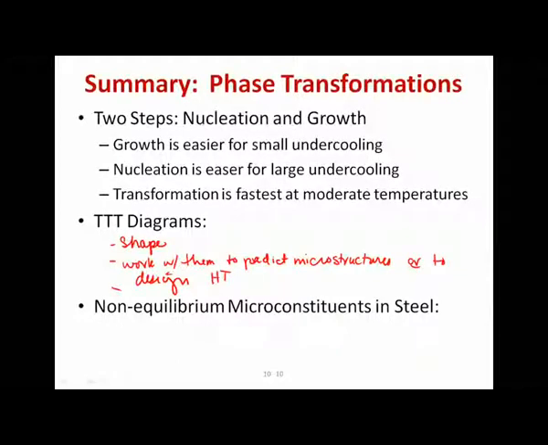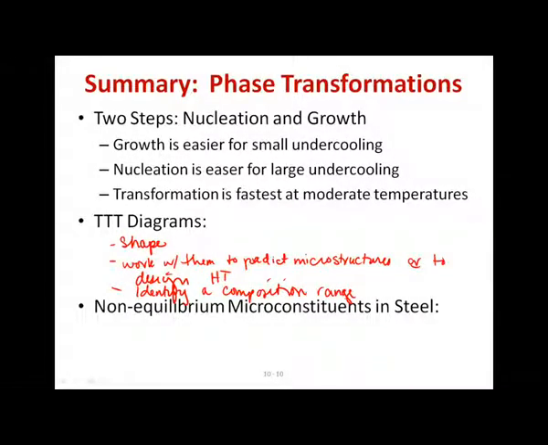And so there's some reading of logarithmic time on there, right? I also want you to be able to identify a composition range. So if I gave you something where we're forming proeutectoid alpha, like as we talked about on Monday, can you tell me, okay, this is the TTT diagram that would go with this composition?